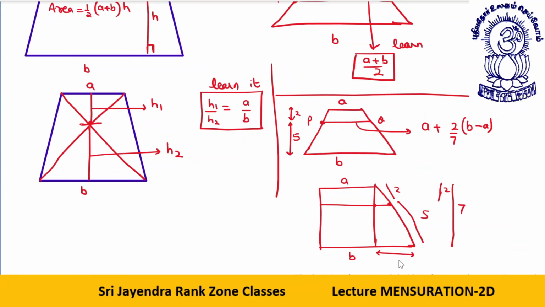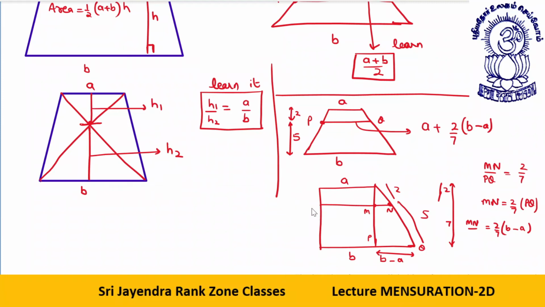B minus A. Now assume that these points are Mn, these points are PQ. Now what will happen, dear students? Mn upon PQ will be equal to what? That will be equal to 2 upon 7. So Mn equals 2 by 7 of PQ. From here I can say Mn equals 2 by 7. What is the value of PQ? PQ is B minus A.